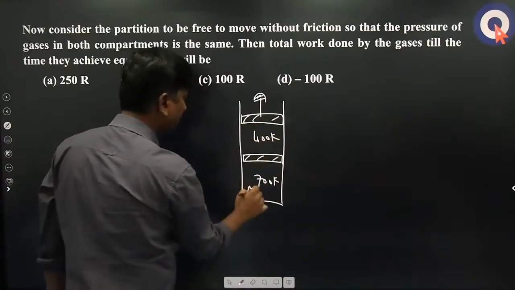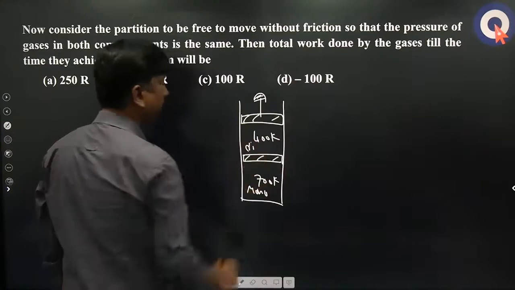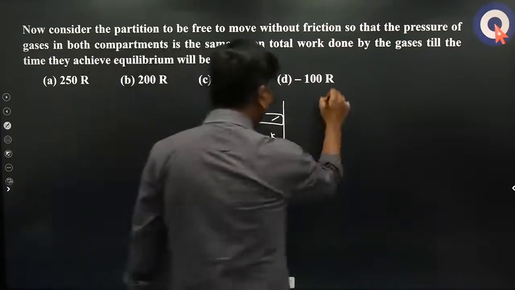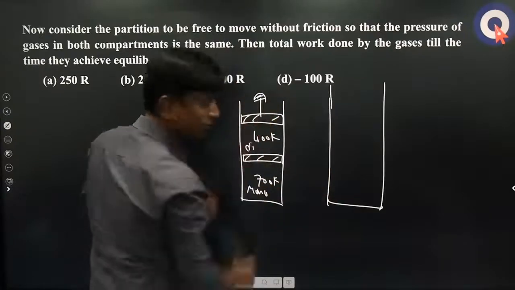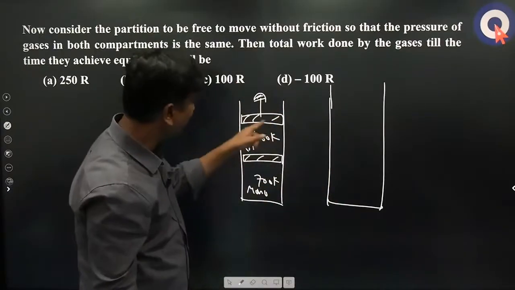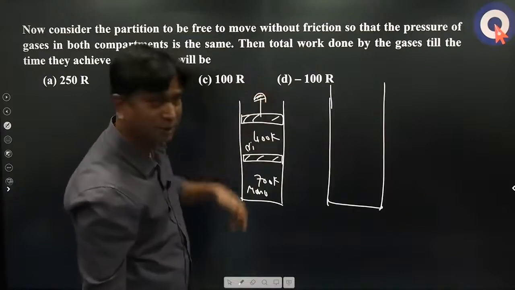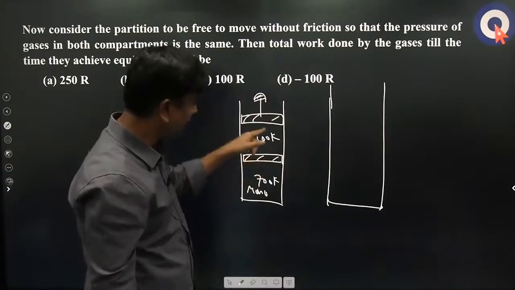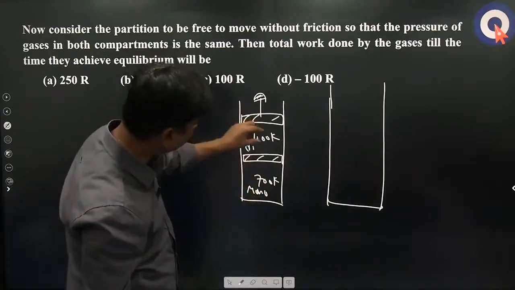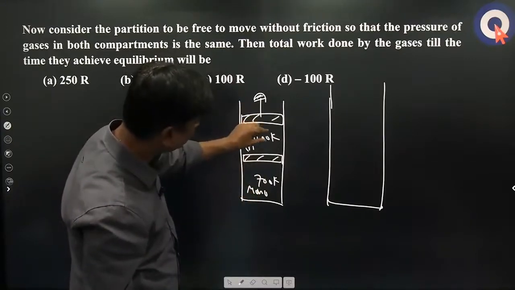Monatomic and diatomic initially. Just releasing like this, what happens? This will also push, this will also push. Finally, this pressure will always be P naught plus mg by A, to balance this, and the same pressure this also will have. Initially whatever pressure this was having, finally also it will have the same pressure.